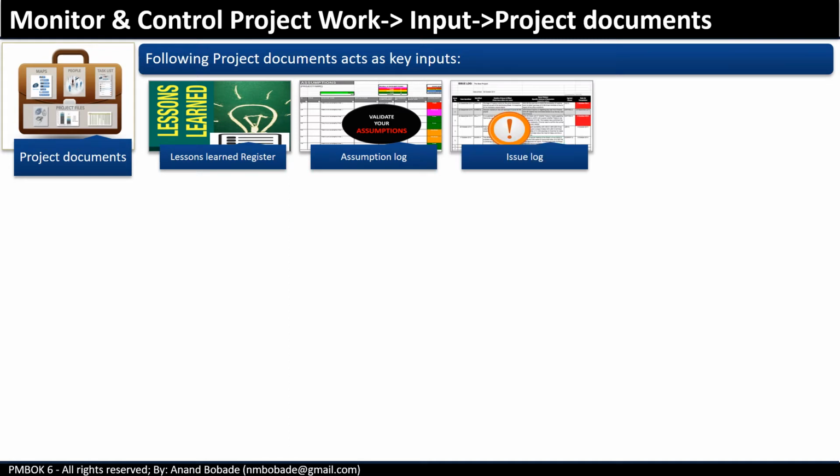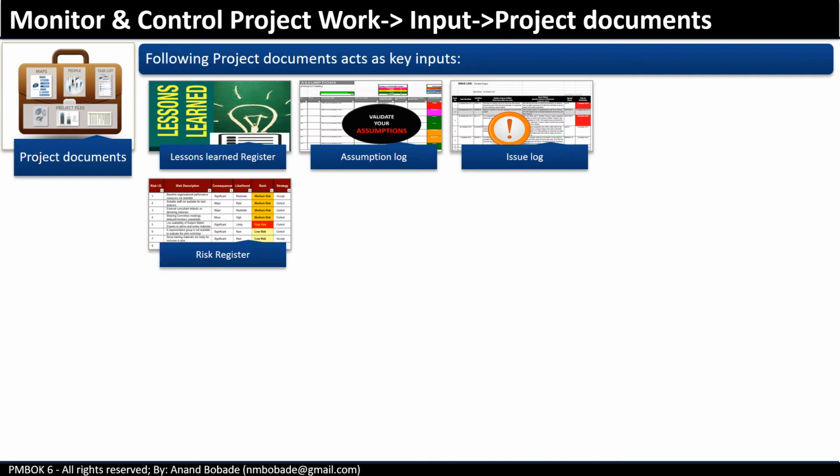Issue log. It provides information about who is responsible for resolving issues and by which date, what is the due date to resolve that issue. The risk register provides information about threats and opportunities. Of course, you have a lot of information in the risk register.